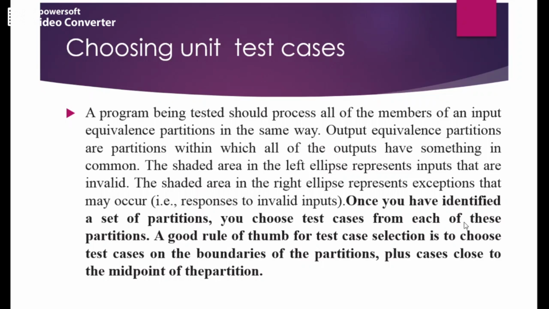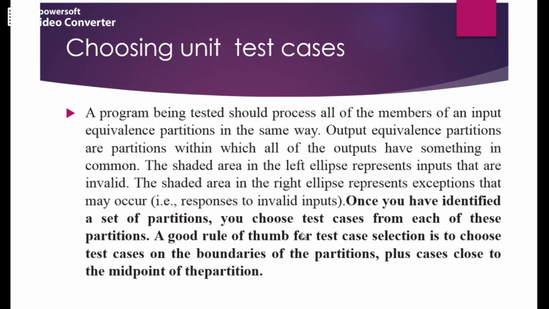So once you have identified a set of partitions, keep in mind, you have to choose the test cases from each of these partitions. So first you have the input group, now you are partitioning it, meaning categorizing into different groups. So each group is called an equivalence partition, meaning it is having common characteristics.